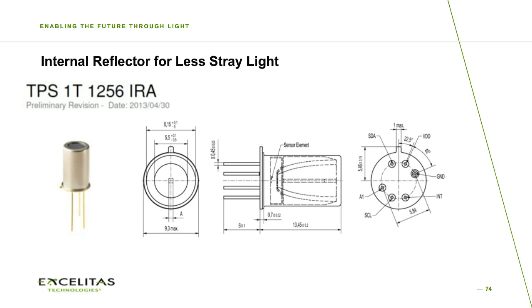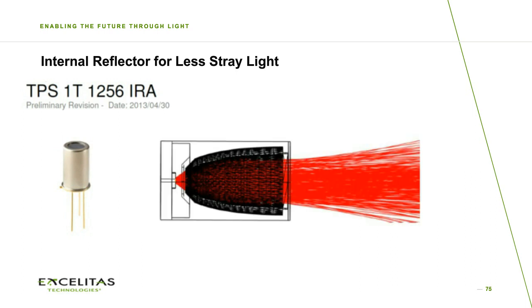If you use a single pixel sensor, there is also the possibility to use an internal reflecting mirror. This is called the IRA type. So TPIS 1T1256 IRA tells you that there is an internal reflector fit into the package, and with this one you also have reduced stray light. This is a simulation which shows you how the cone is then mostly looking into the front.